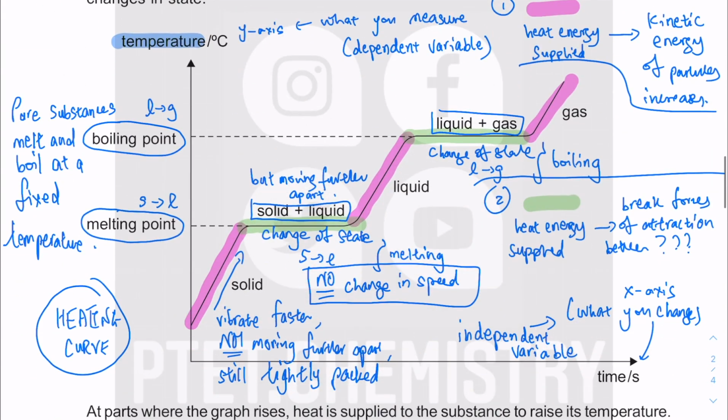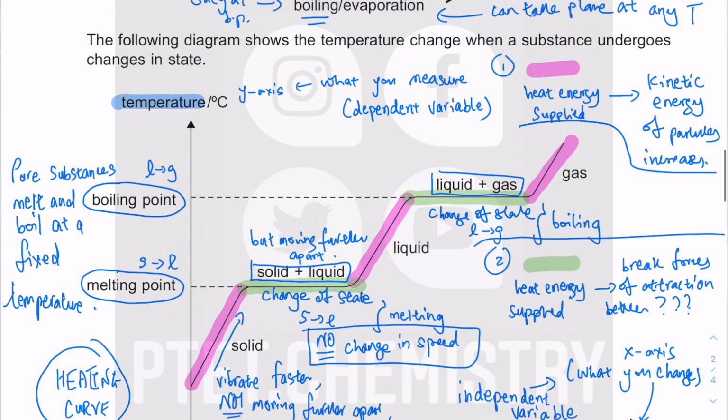By the time you finish boiling, any heat energy supplied goes back to increasing the kinetic energy. So the gas particles move faster again. The gas particles move randomly at very high speed here, and they just increase in speed because temperature increases, but there is no further change of state because all of them have already boiled and turned into gas.